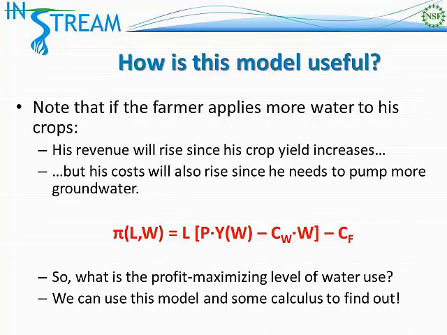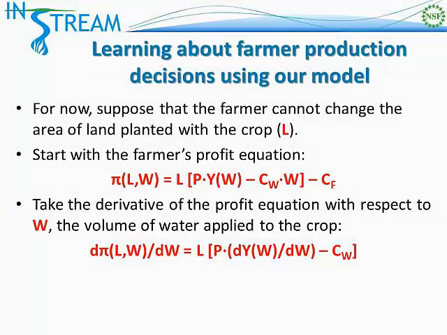And the question here is, can we use this model in order to figure out what that profit maximizing level of water use is? And it turns out that we can. We can use this model and some calculus methods to find out. For now, suppose that the farmer cannot change the area of land planted with the crop.